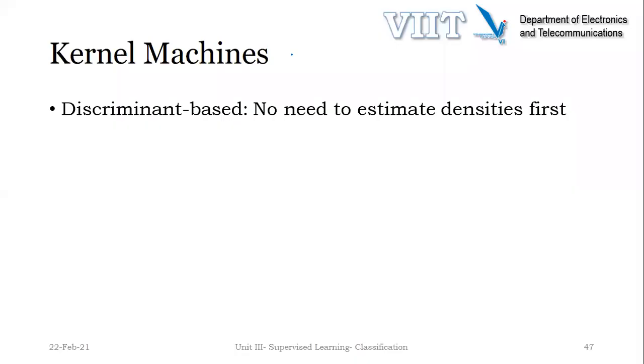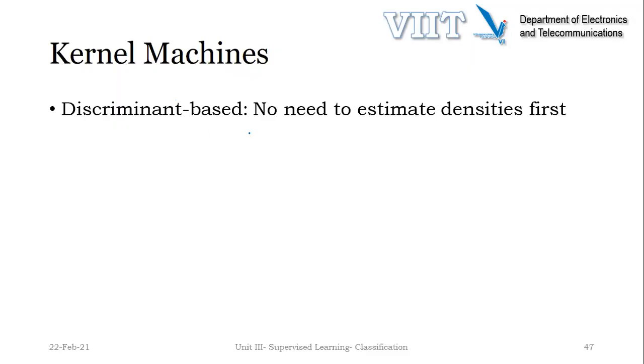The Bayes classifier we have already studied as a generative approach, where we actually calculated the posterior probabilities. Here we are modeling the probabilities, not actually calculating them. Probability is modeled based on the classification boundary. For class probabilities when y is equal to 1 and y is equal to 0, it's binary classification, and these probabilities are modeled with the help of classification boundaries.